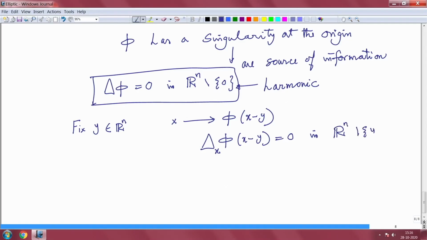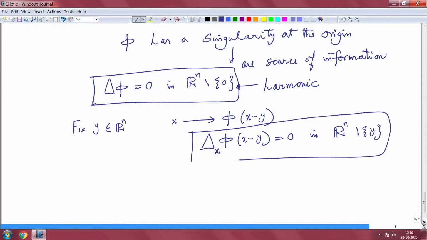So, you are trying to look for the singularity. You have a singularity at the origin, and now you are shifting this point to another point and looking at the singularity. Basically, we are trying to look at the kind of information carried at all the points, and we want to see how this function reacts to another function. These have more physical motivation, but let me not get into that.